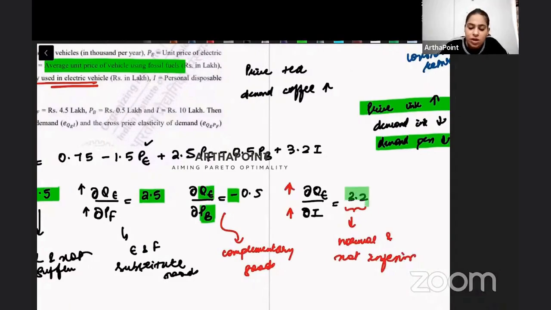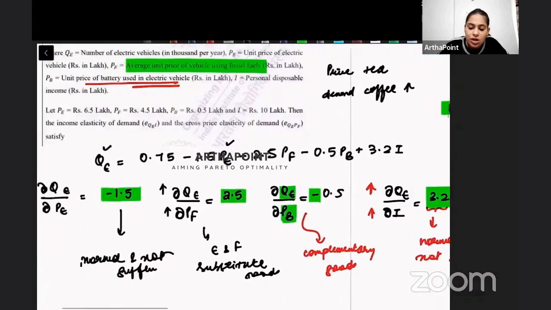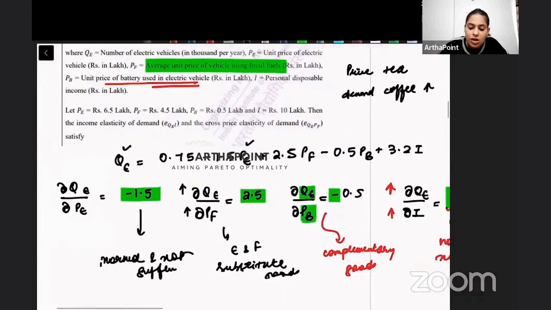So if they had asked somewhere in the options about these properties, we should be thorough with how the sign can enable us to estimate the properties of different kinds of goods.